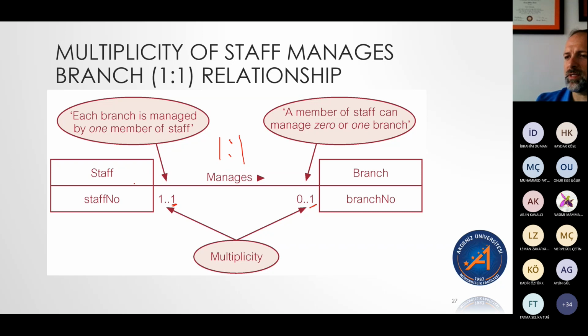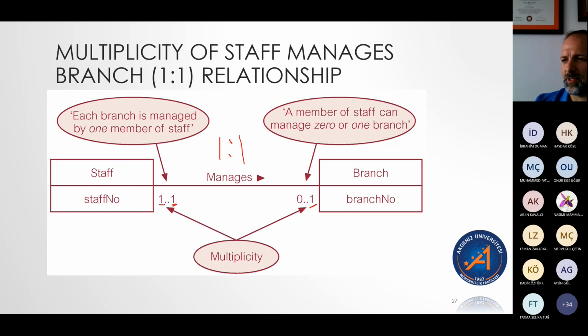So if there is a staff person, they can manage one branch. If there is a branch, it can be managed by one staff person. Okay. This is how many can participate.